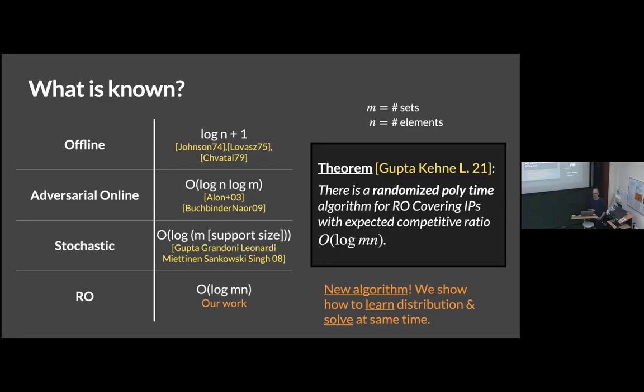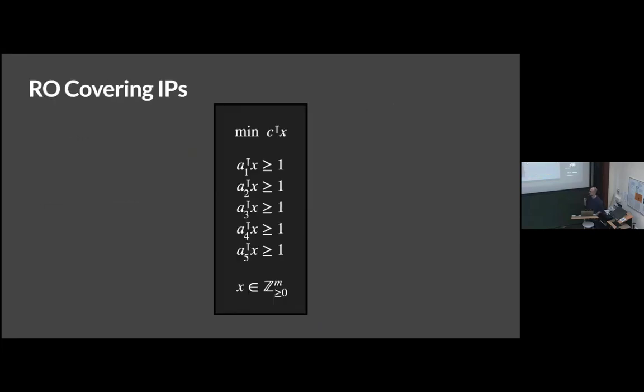Okay, any questions? All right, we're going to focus on set cover for the rest of the talk, but I just want to say what the covering IP problem is. So an adversary is going to pick a covering IP of this form. Some constraints A1 through AN, where N is the number of constraints, and the dimension is fixed. We're in dimension m.